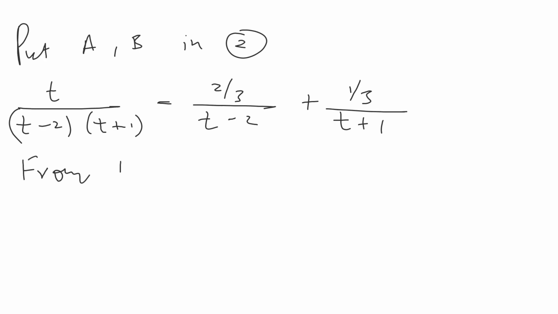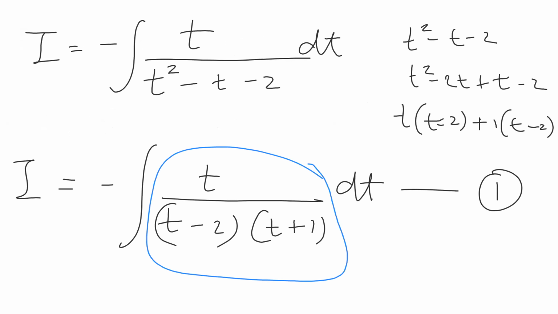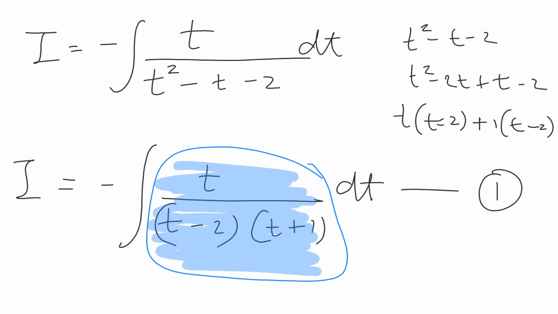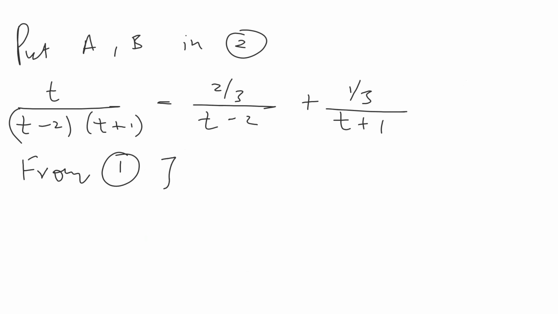From equation number 1, now what is 1? 1 is this. So we got the value of this entire blue colored part. Okay, so that we will replace. I is equal to minus sign outside. There is already a minus sign outside.